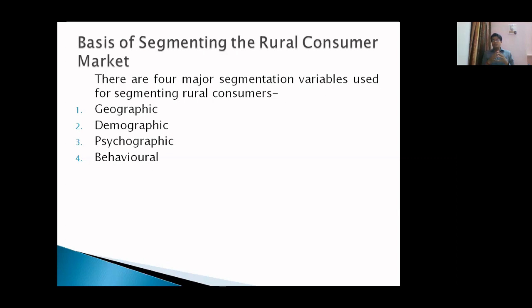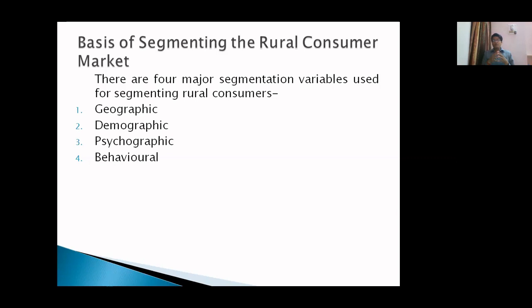Now, these variables for market segmentation are divided into four major segmentation variables. They are geographic segmentation, demographic segmentation, psychographic segmentation, and behavioral segmentation.